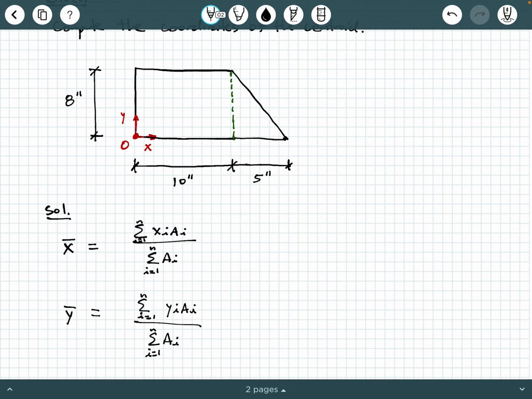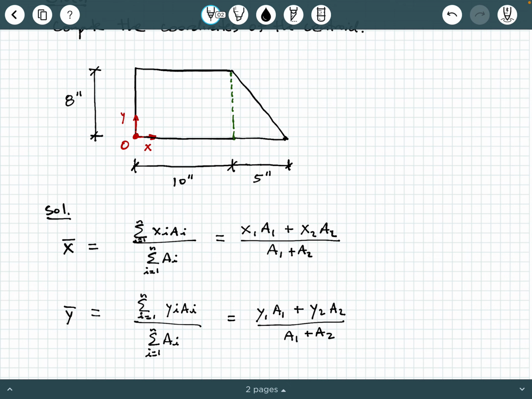For this particular shape, we can expand this to being x1 A1 plus x2 A2, divided by A1 plus A2. And similarly for y bar, we'll have y1 A1 plus y2 A2, all divided by A1 plus A2.